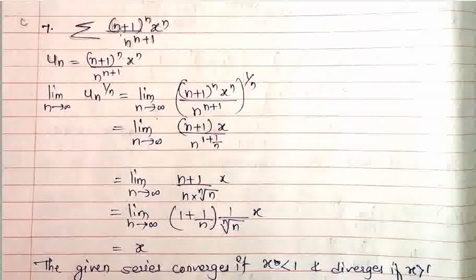Next question. Sum of (n plus 1) to the n, x to the n, over n to the n plus 1. Here we have n divided by n, which is 1, and here x to the n would simply be evaluated as x.